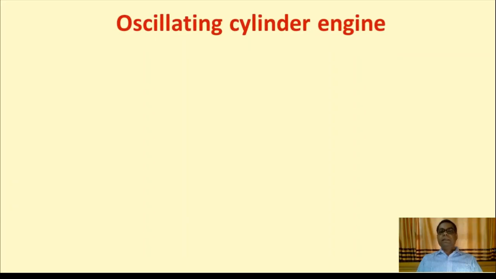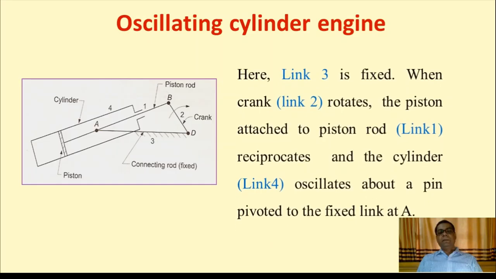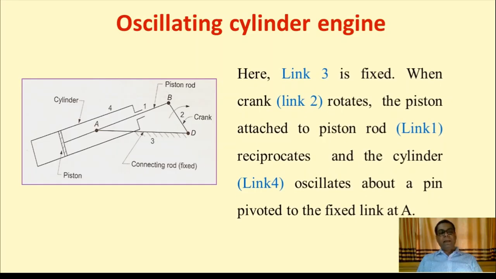Next comes the oscillating cylinder engine. In most engines it is common that the piston oscillates within the cylinder, but in this oscillating cylinder engine, the cylinder itself oscillates outside the piston. Link 3 over here, have a look, that is the connecting rod, which is fixed.